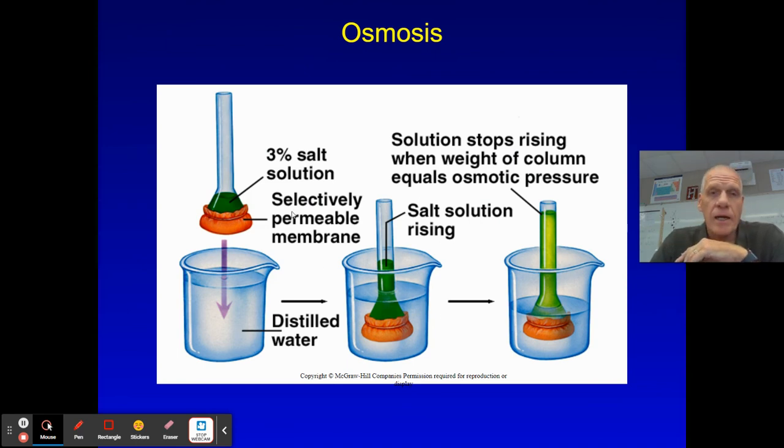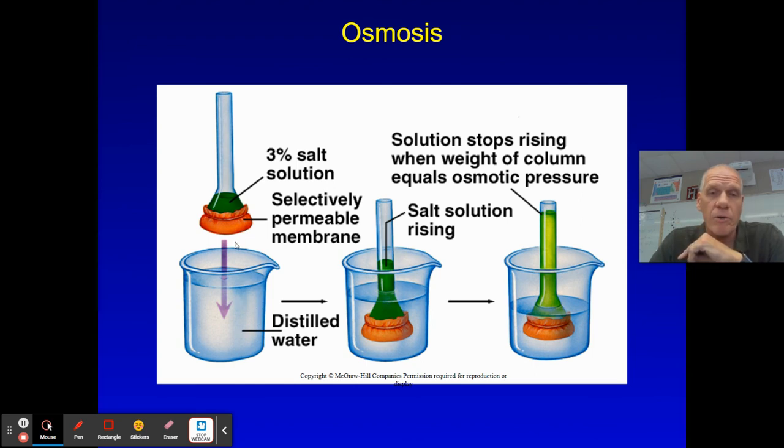So let's look at this picture here. I have a special glass apparatus that has a selectively permeable membrane on one side and a 3% salt solution. I put it into distilled water. The distilled water is going to be hypotonic in relation to the salt solution, which is hypertonic. Remember, water chases the solute.